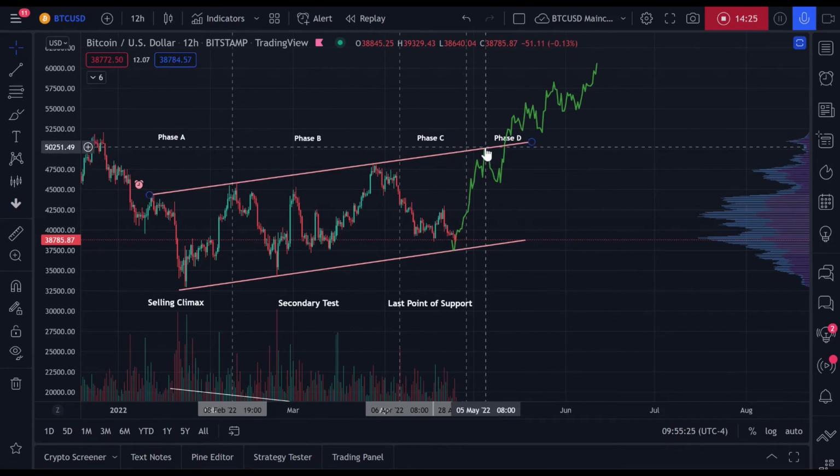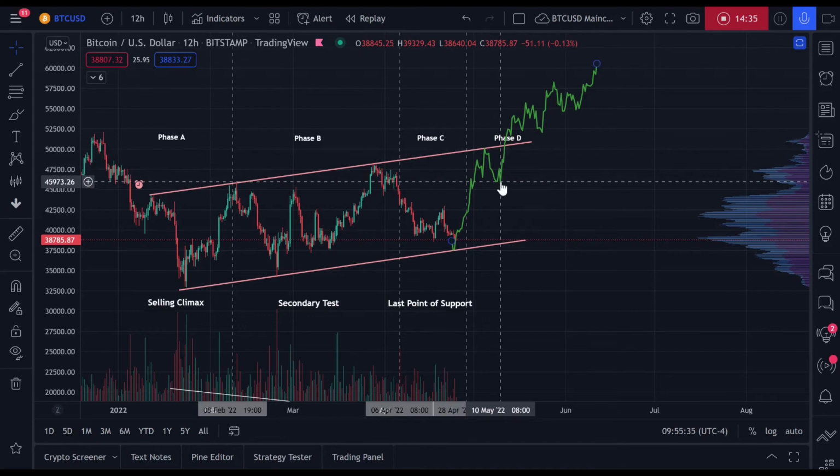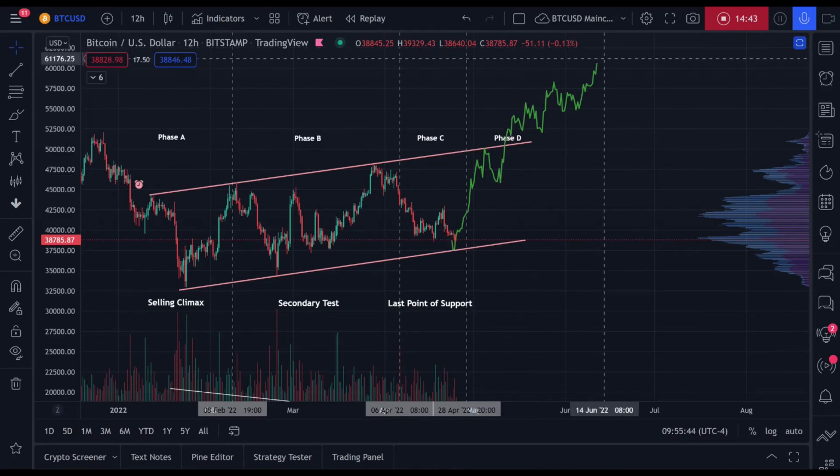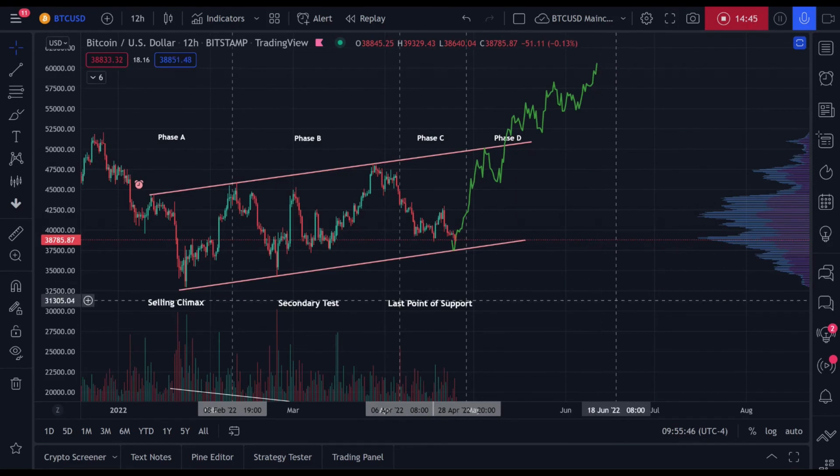So we have resistance here at 50,000, and we've said that we're likely to get resistance from 50,000 to 51,000, depending on when it hits. We have then a retest of 46K, big resistance, and then we continue our way up. This may or may not happen, but it's just uncanny how it fits in.